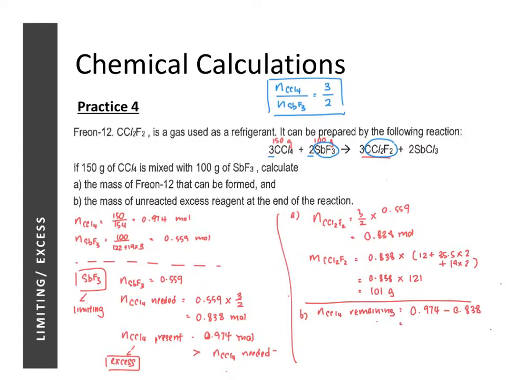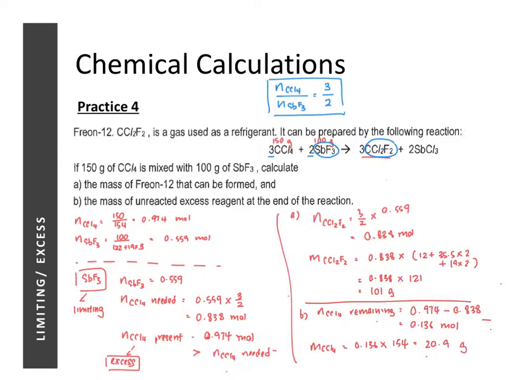This will give us the number of moles that is remaining. After finding the number of moles, once again we can find the mass by taking the number of moles multiplied by the molar mass, which is 154, and that will give us a mass of 20.9 grams.